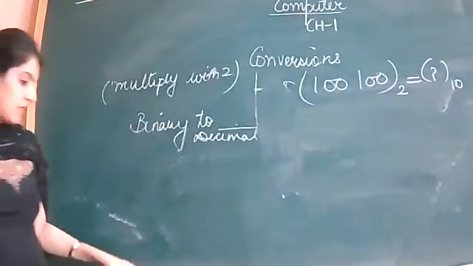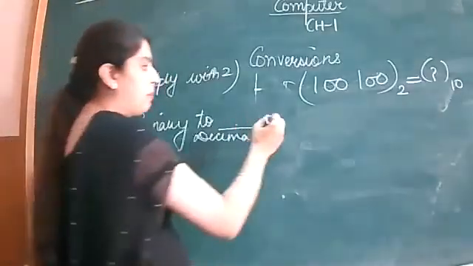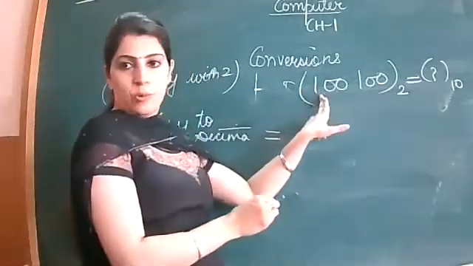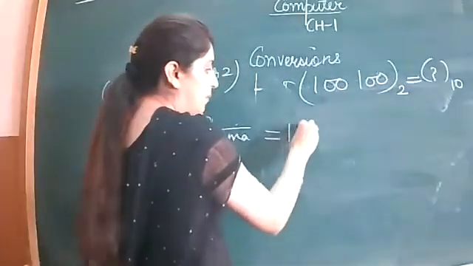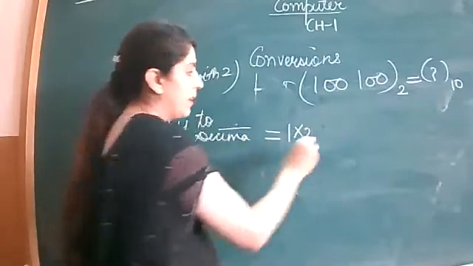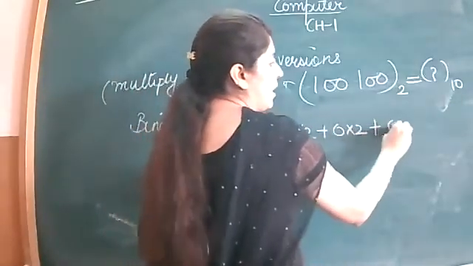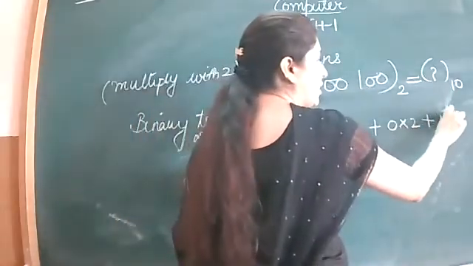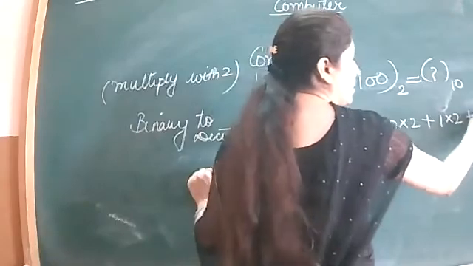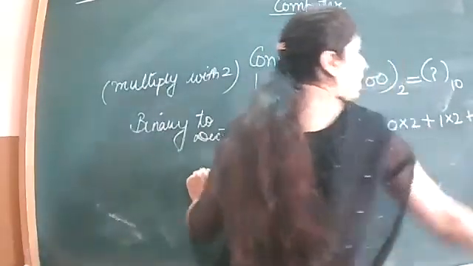Let's look at the procedure, how we are going to do this. Simply, you have to multiply all the digits with 2. So 1 multiplied by 2, plus 0 multiplied by 2, plus 0 multiplied by 2, plus 1 multiplied by 2, plus 0 multiplied by 2, plus 0 multiplied by 2.